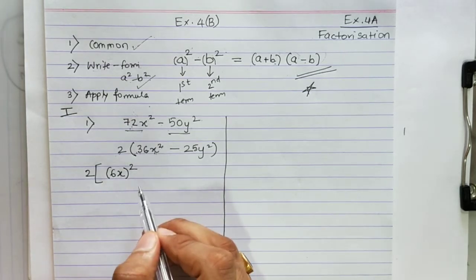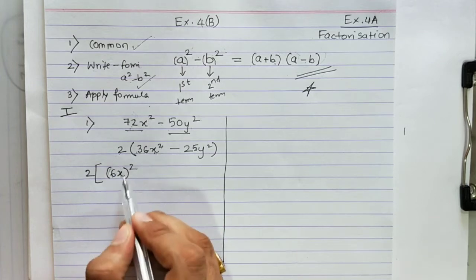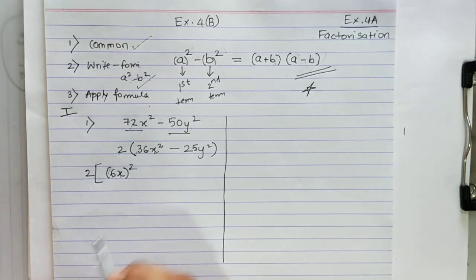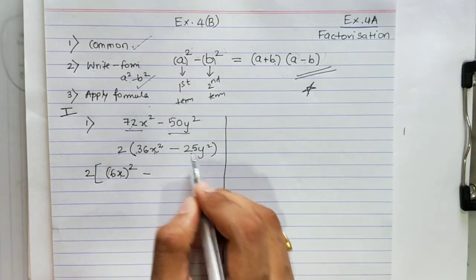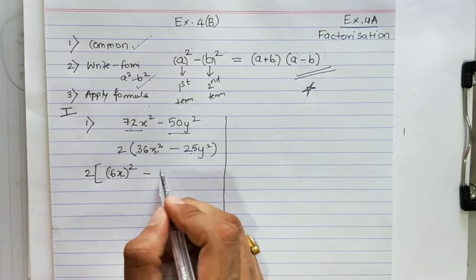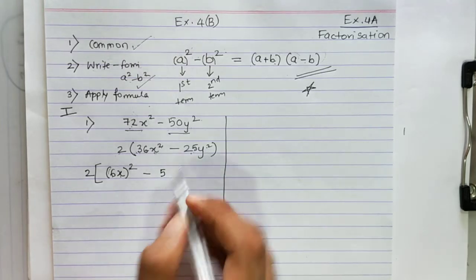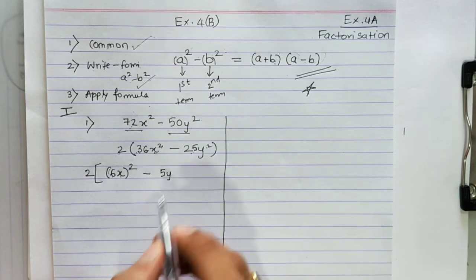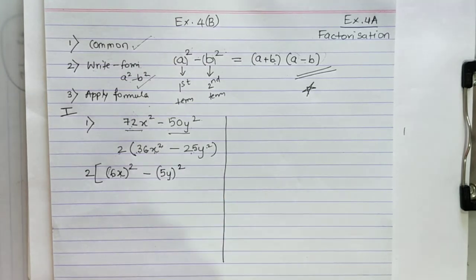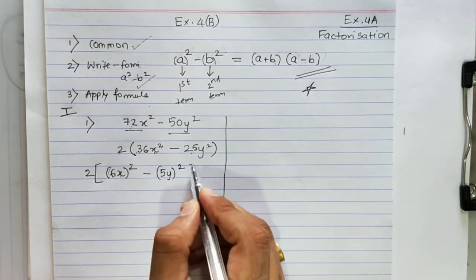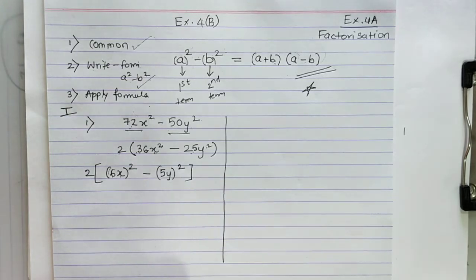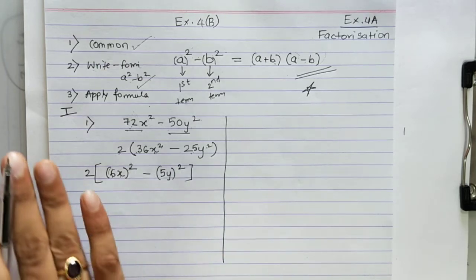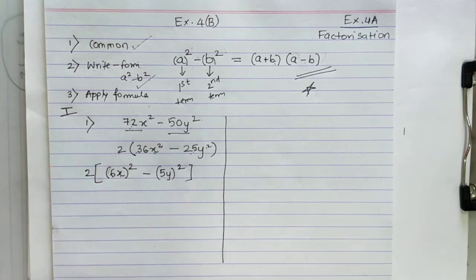Minus 25y square can be written as 25 is the square of 5, so 5y the whole square. Understood? So we have written it in the form of a square minus b square, means first term square minus second term square. Keep this 2 as it is.